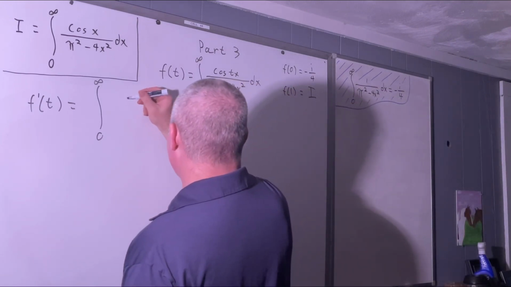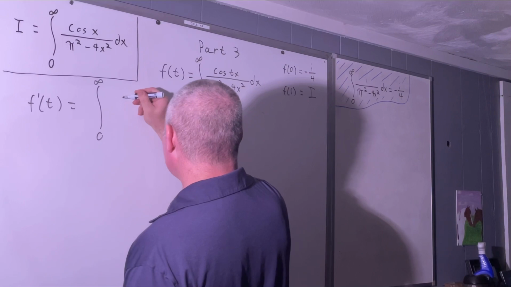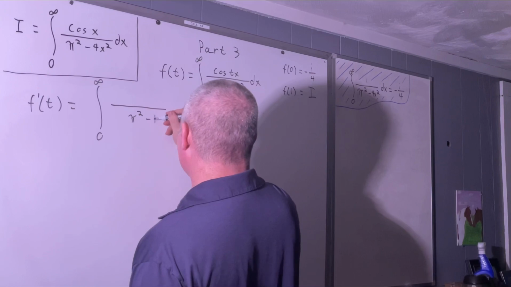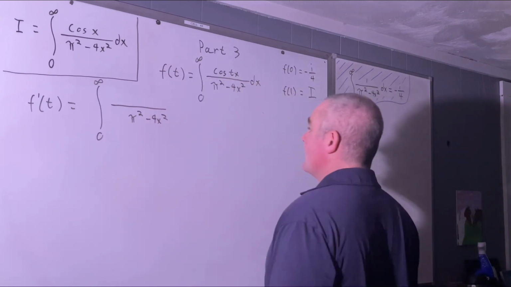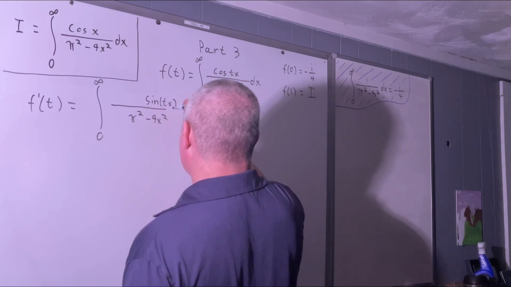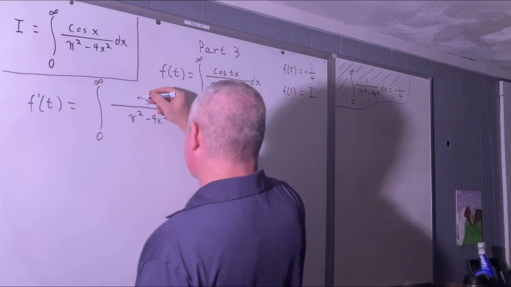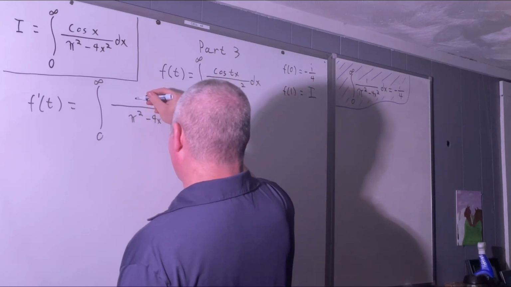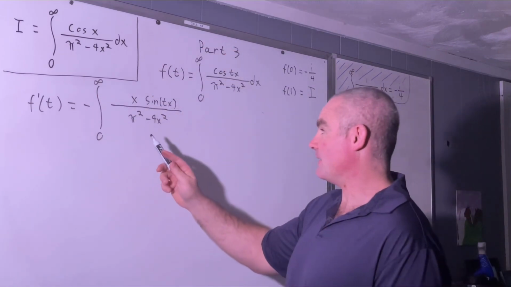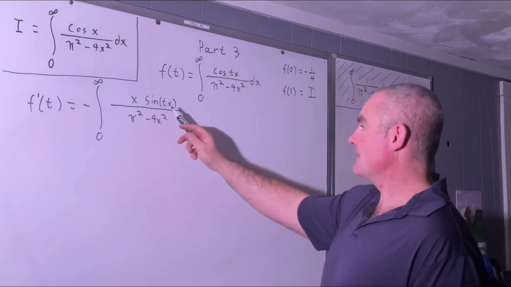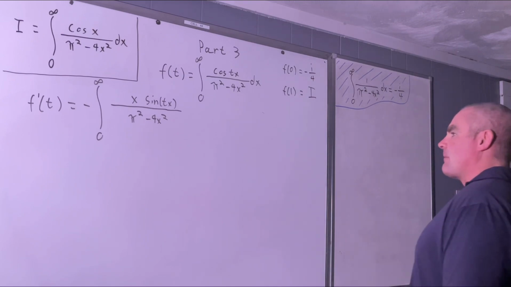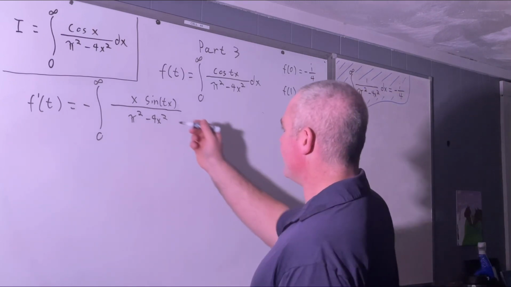Well, we're going to get a negative, and we're definitely going to have this pi squared minus 4x squared in the denominator. And we're definitely going to have a sine tx, and an x, and it's going to be negative. So that's what it is. f prime of t is equal to negative integral 0 to infinity of x sine tx over pi squared minus 4x squared dx.